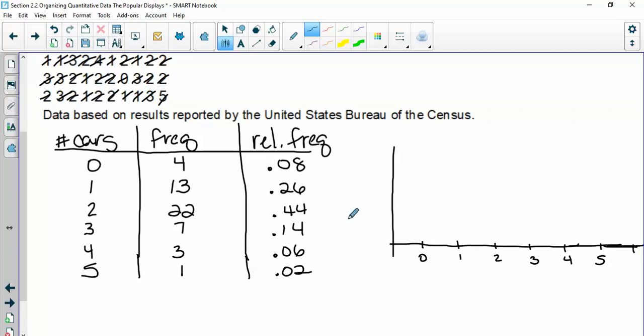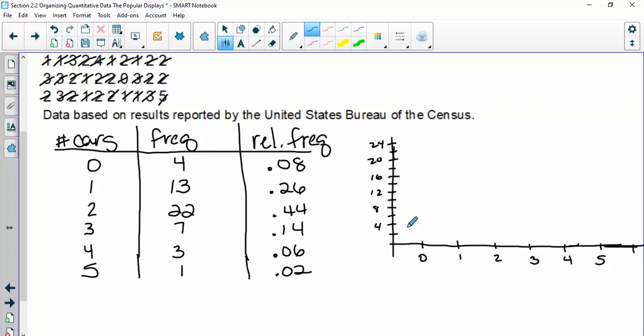And then my y-axis. And so then you draw your bars around this value.